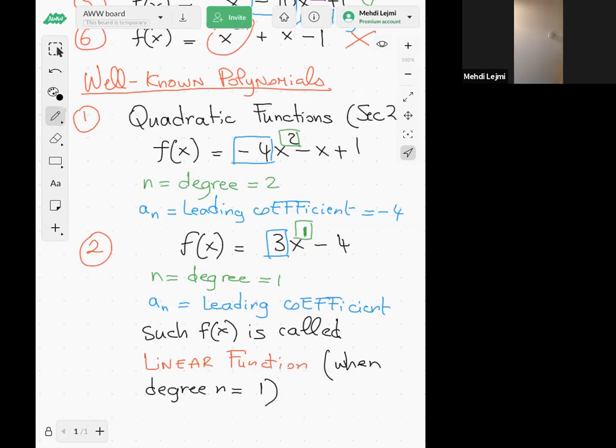So for quadratic functions, the graph is a parabola, and when you have a linear function, the graph is just a straight line.